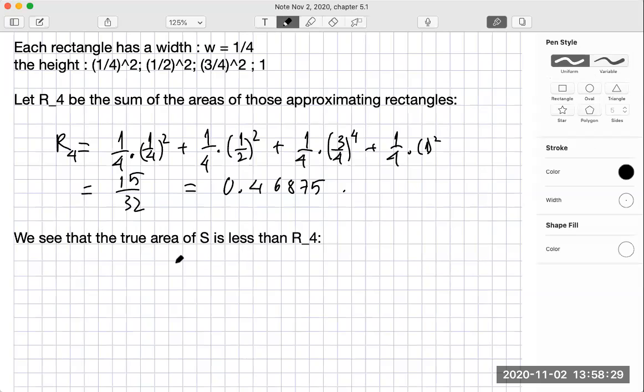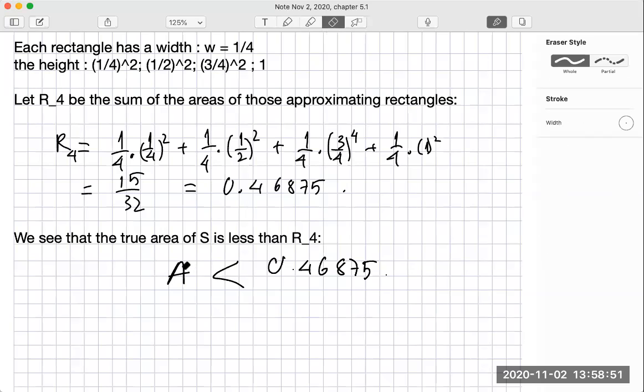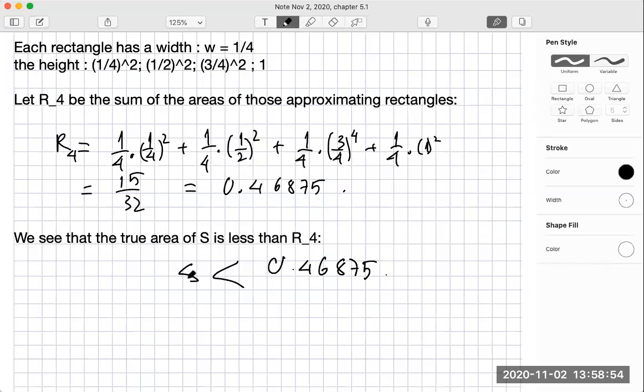Therefore, let us call it A, smaller than 0.46875. Or if we call it S here, then let us write this here, okay? The similar story.